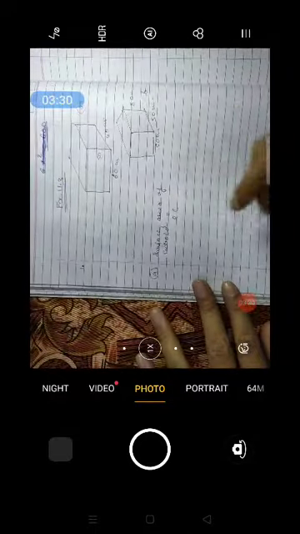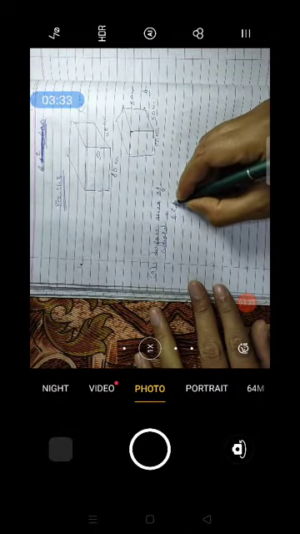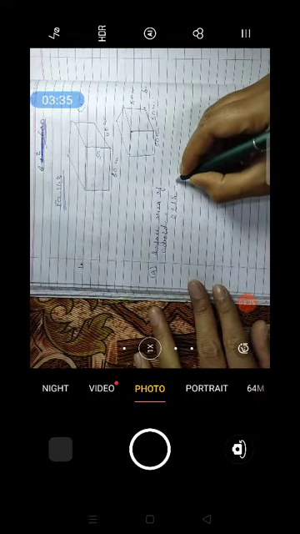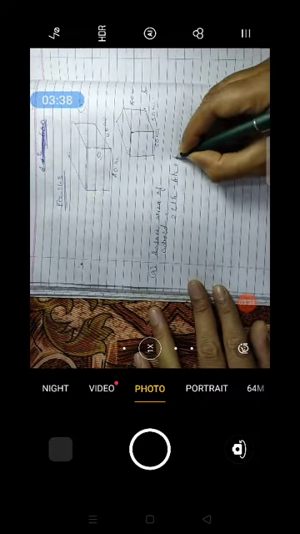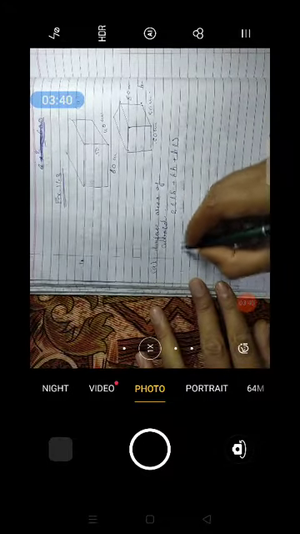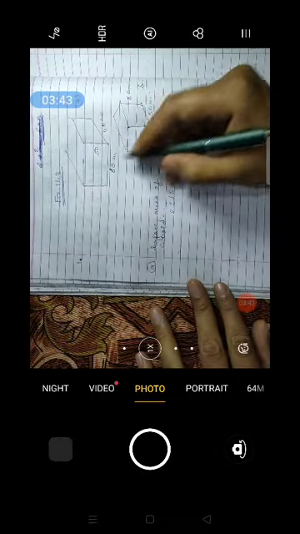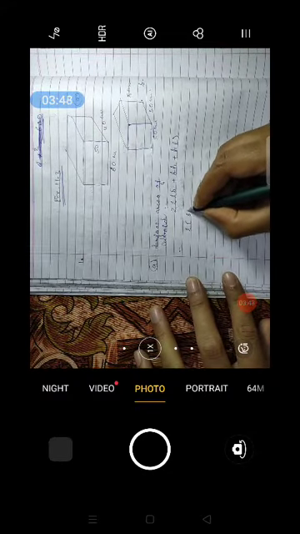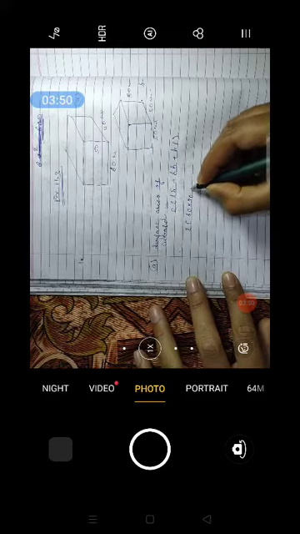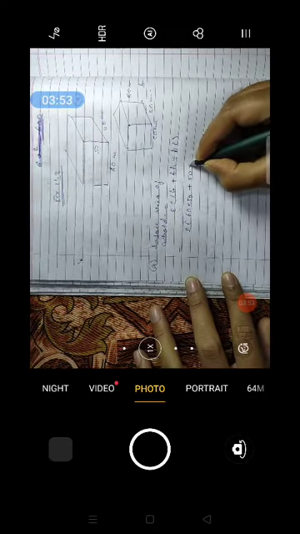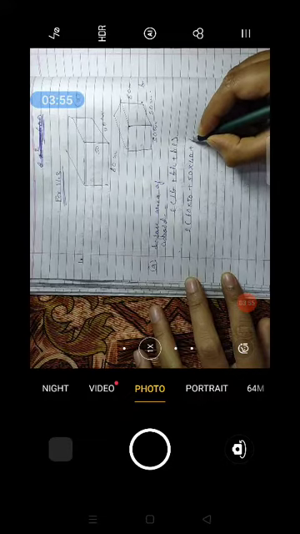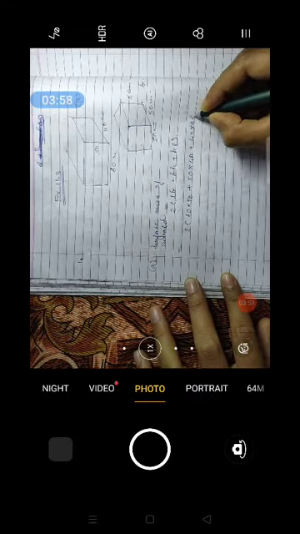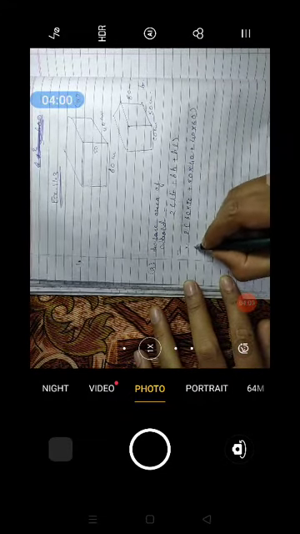As you can see here, surface area of the cuboid equals 2 into L into B plus B into H plus H into L. Yes or no? This is the formula. So how will we do the surface area of this? 2 into 60 into 50 plus 50 into 40 plus 40 into 60.